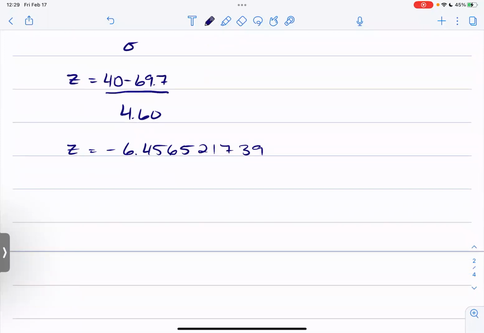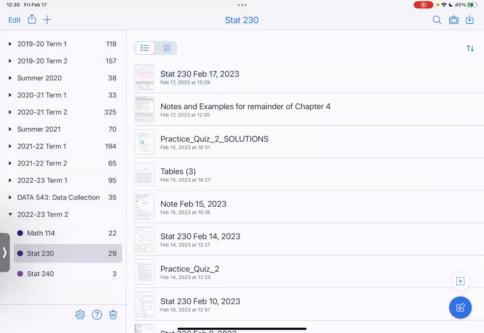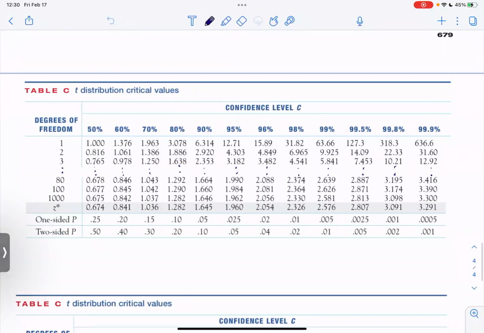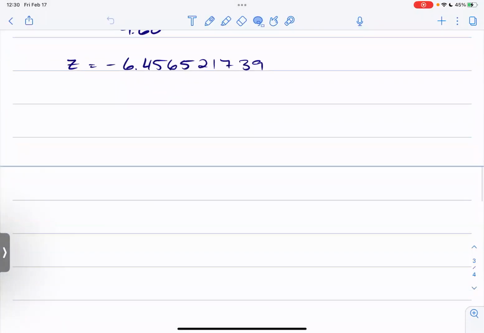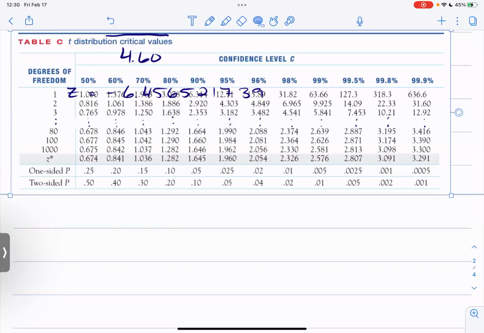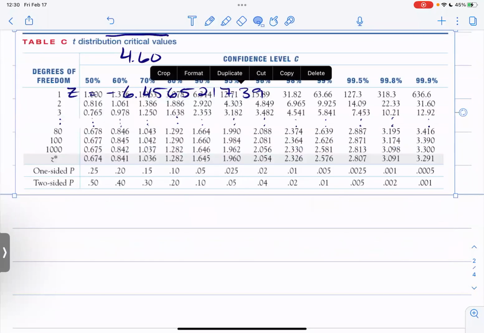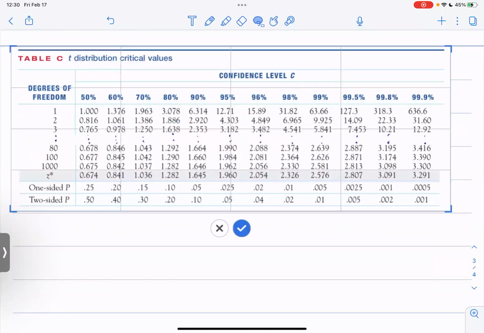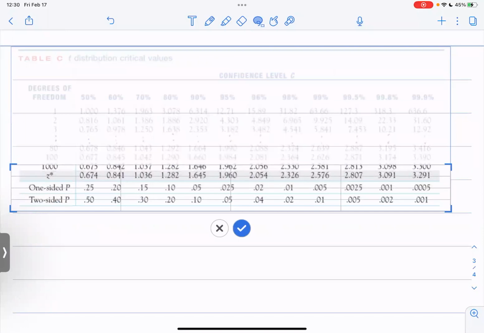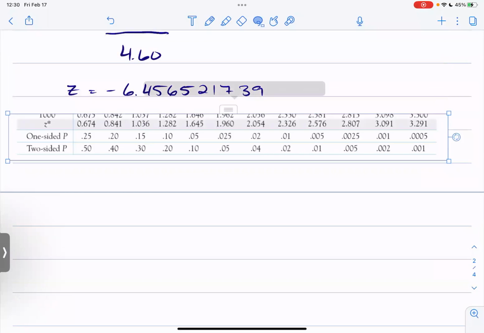Okay. So the probability, you know what? I want to show you on the table how that's going to behave. And I'm going to crop it to what I want, just what I'm interested in here.